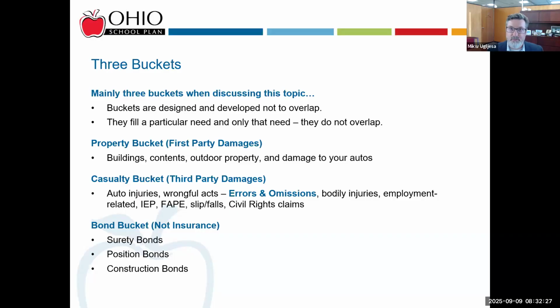First party damages, property damages, are your district's assets, your possessions, your stuff, to use a very technical term. So your buses, your property, your autos, any of your contents, your buildings themselves. The casualty bucket is meant to address third party liabilities.